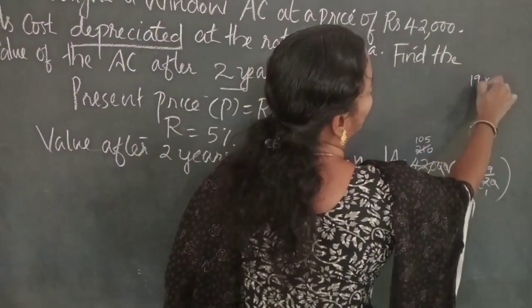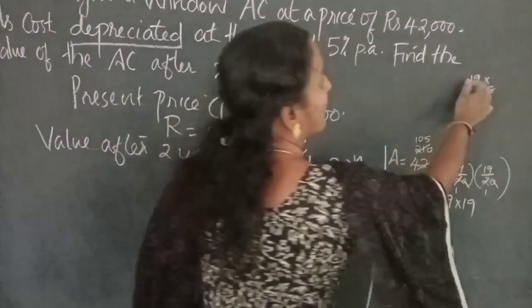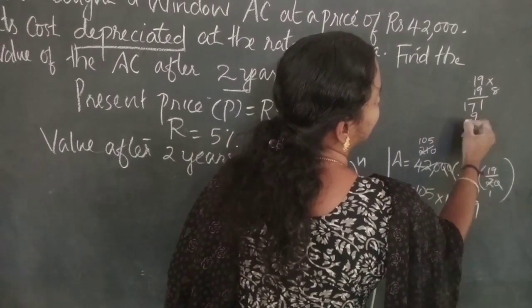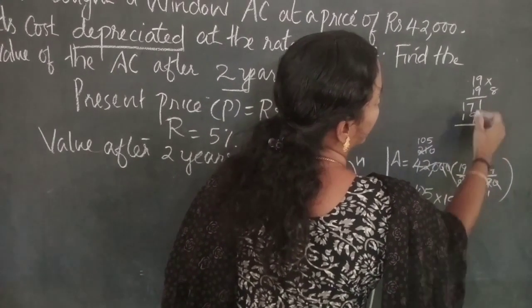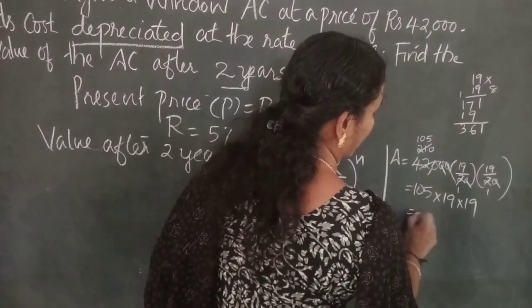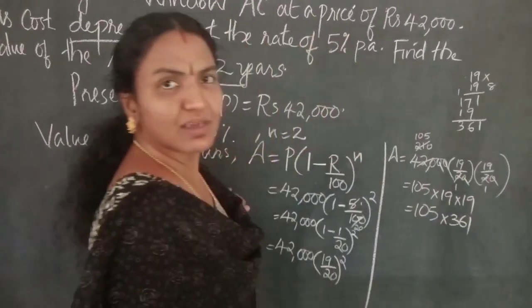Then 19 into 19, 9 9s are 81, balance 8. 1 9 is 9, 9 plus 8, 17. 1 9 is 9, 1 1 is 1. 1, 9 plus 7, 16, balance 1, 361. So 105 into 361.